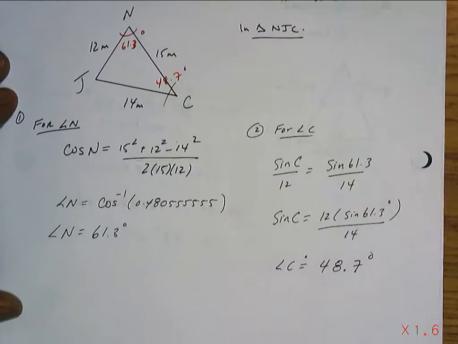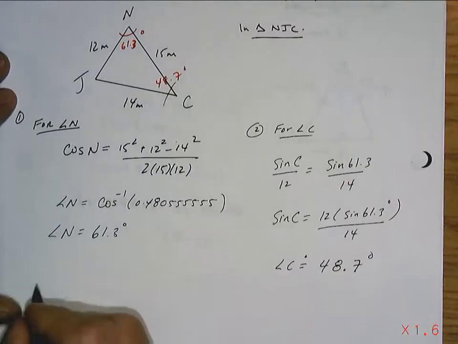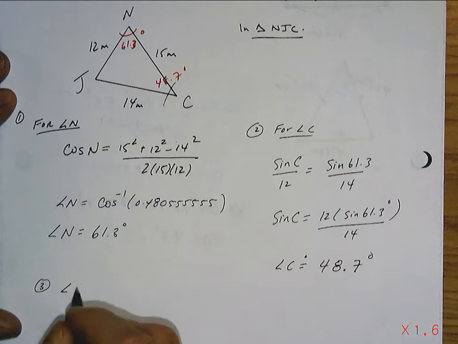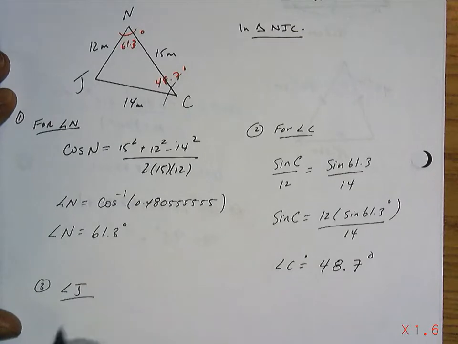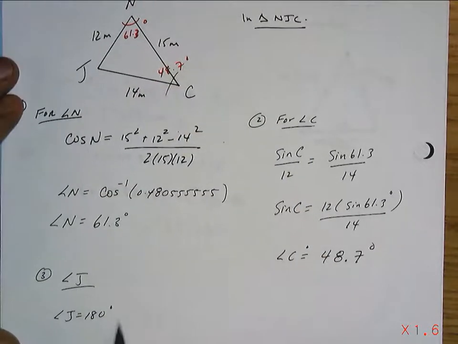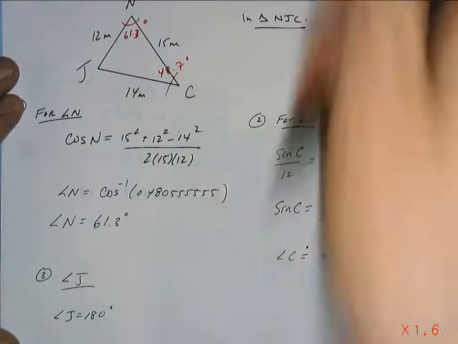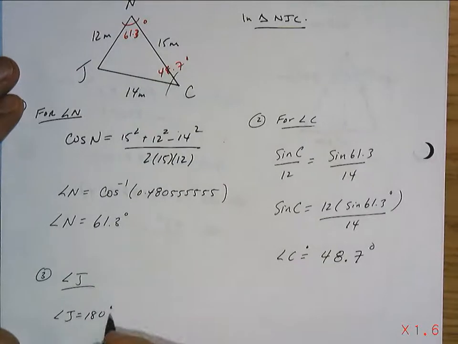Well, the easiest way to get the last angle perhaps is to use ASTT, angle sum of a triangle theorem. So angle J equals 180 degrees, because the interior angles of any triangle drawn on a flat surface need to add to 180, minus 61.3 degrees minus 48.7 degrees.